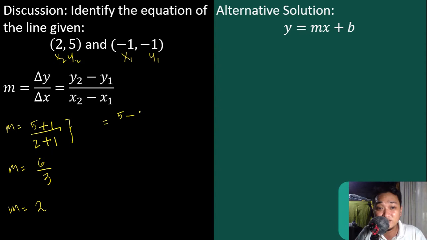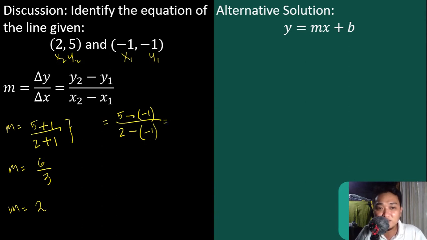Minus. Tapos, susulat tayo ng parenthesis. Our y sub 1 is negative 1. Over, yung x sub 2 natin is 2. Again, yung operation niya is minus, so minus dyan. Pero, yung x sub 1 natin is negative 1.